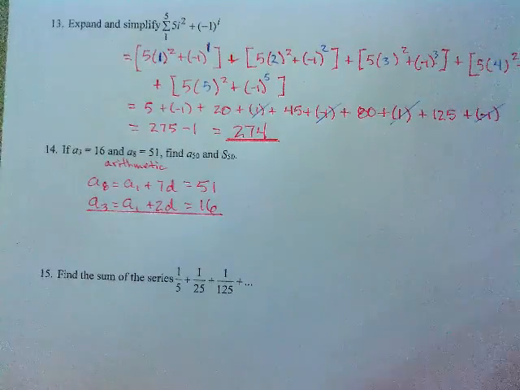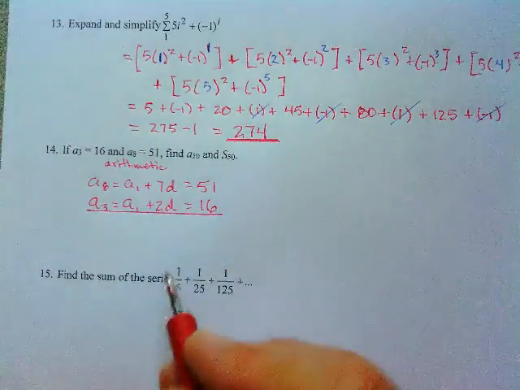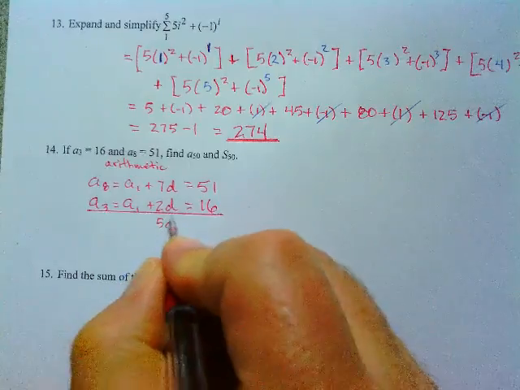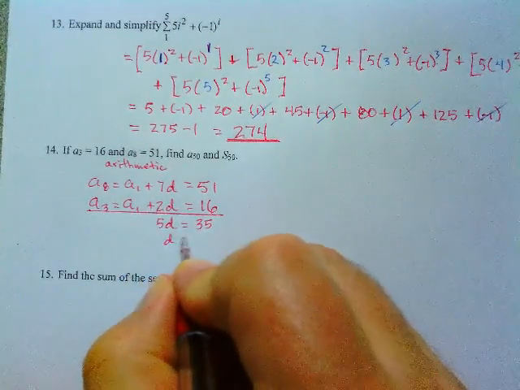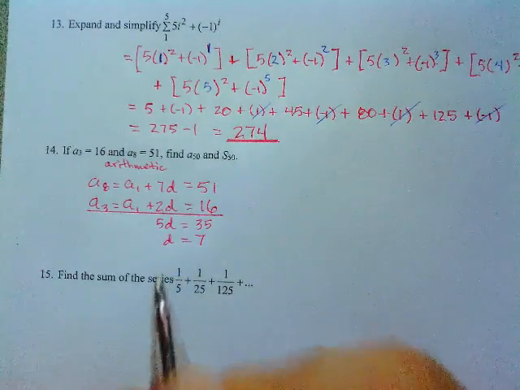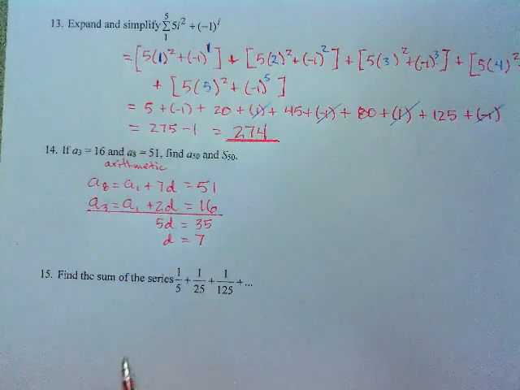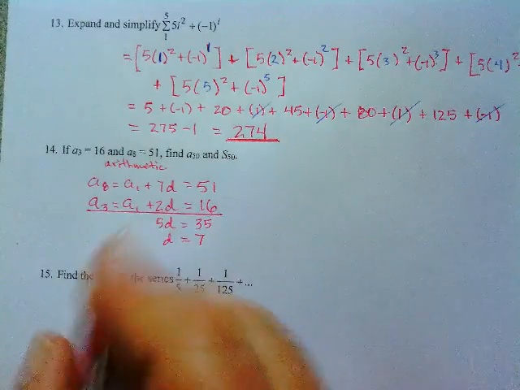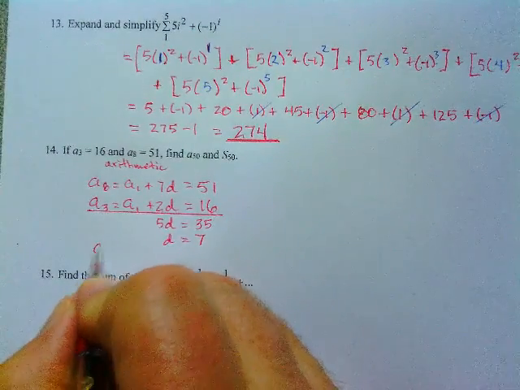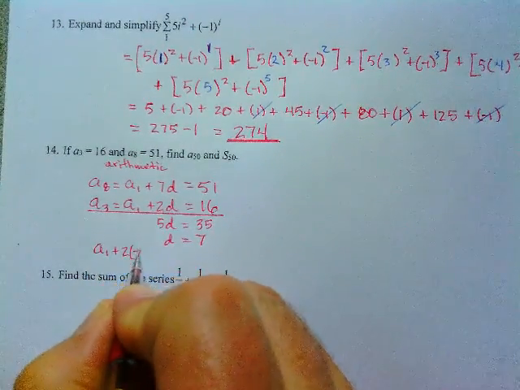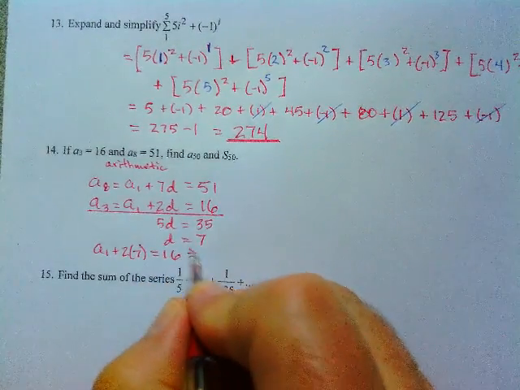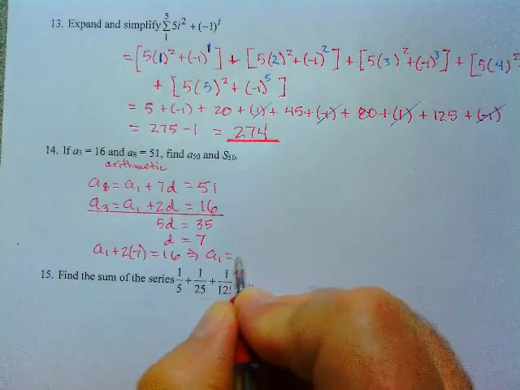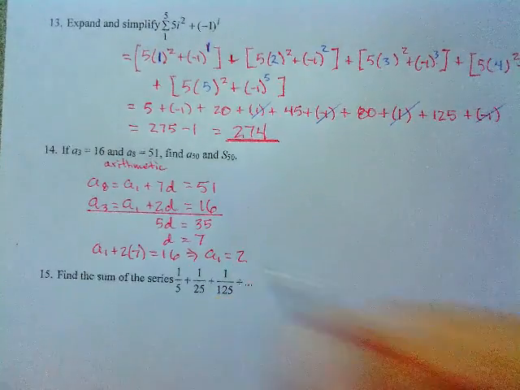Two equations, 2 unknowns, subtract, get rid of the A1s, we have 5D equals 35, which means that D equals 7. Now that I know that, I can come back into, say, the second equation, where I have A1 plus 2 times 7 has to equal 16, which means, of course, that A1 is going to be 2.